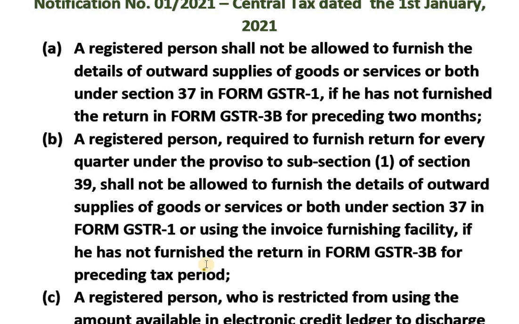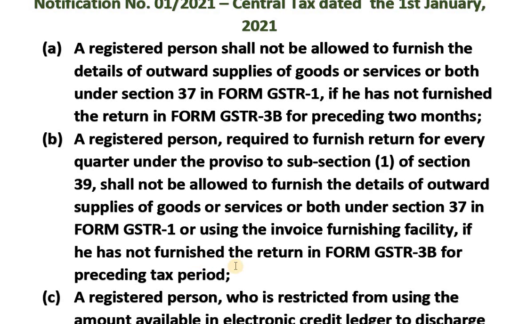He shall not be allowed to furnish the outward supply of goods under Section 37, which is Form Gstr 1, if he has not furnished the return in Form Gstr 3b for the preceding tax period.